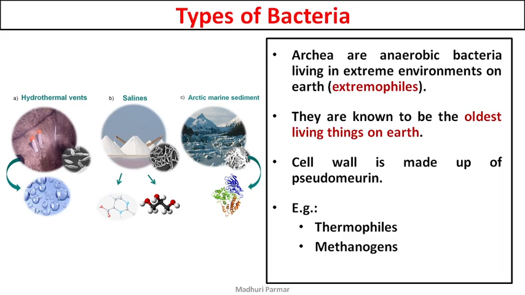If you know natural gas, CNG, where is the CNG coming from? It is coming from the ground, from the earth. And there are some bacteria found there which produce this methane. Then you have halophiles, meaning salt loving. Similarly, there can be acidophiles which love acidic environments and so on. So these are the extremophiles or archaebacteria.